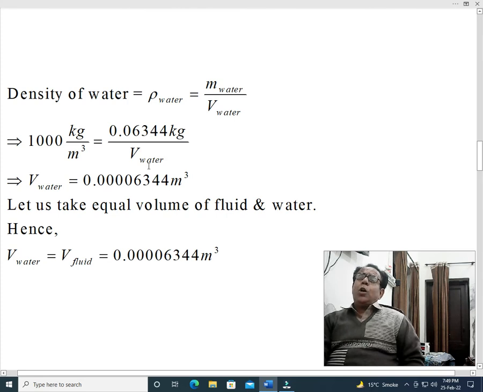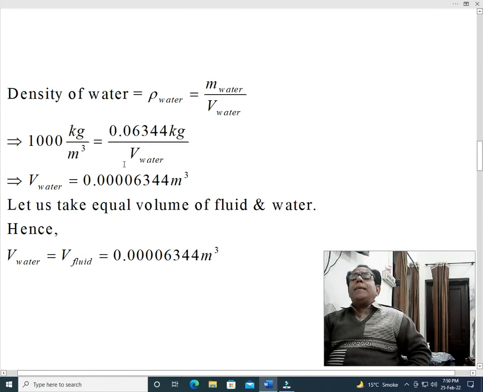From here, volume of water will be shifted to the other side of the equality and will become the numerator, and 1000 will become the denominator, and volume of water will become equal to 0.00006344 meter cube.